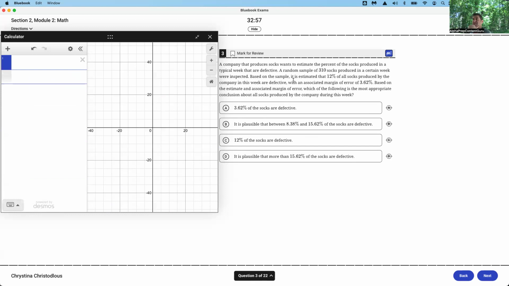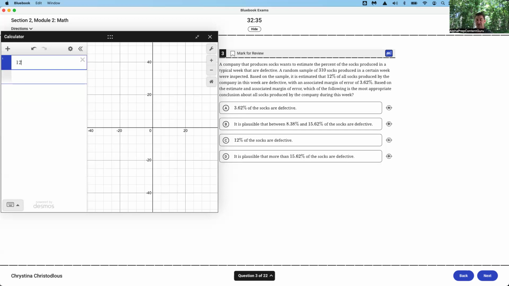A company that produces socks wants to estimate the percent of the socks produced in a typical week. Let's see. So a random sample of 310 socks produced in a certain week. Based on the sample, it's estimated that 12% of the socks were defective, and we're looking for defective, with an associated margin of error of 3.62%.